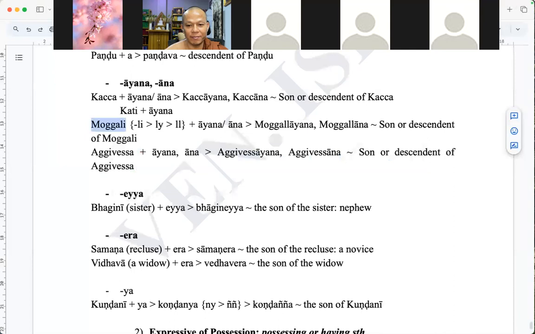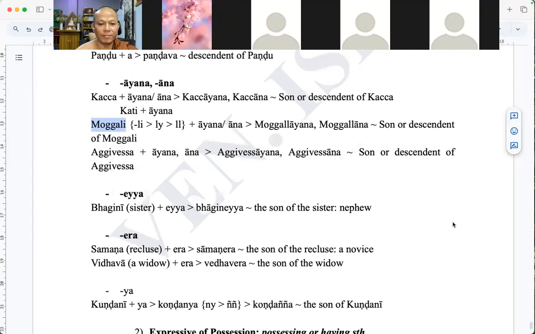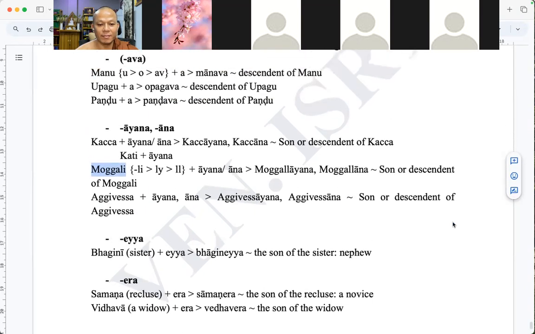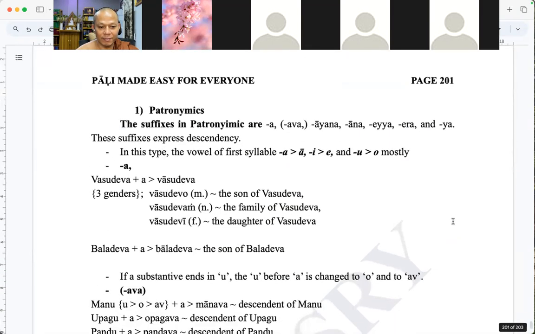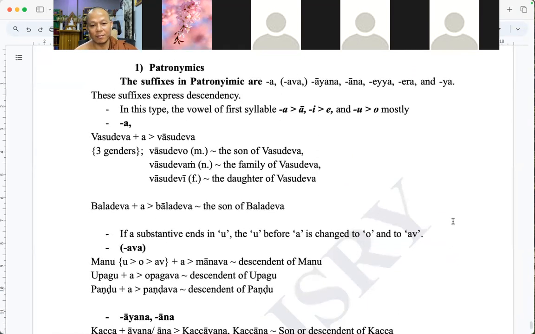Okay, Hado. Yes, Bante. For the first one, it is patronymics, which we add with 7 suffixes.